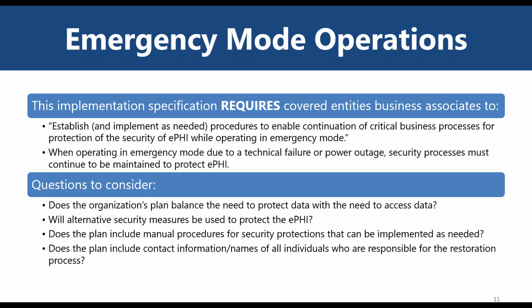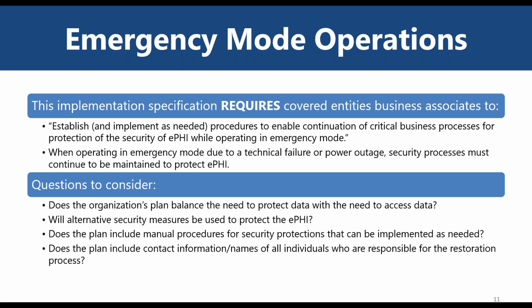And I think the one thing that does get confusing is, I think a lot of times there's this idea, especially with so many of you having your data in the cloud, that you think, well, the emergency mode operations is that we just access it from a different location. And that may very well be the case. The thing is, with this first question to consider, does the organization's plan balance the need to protect data with the need to access data?